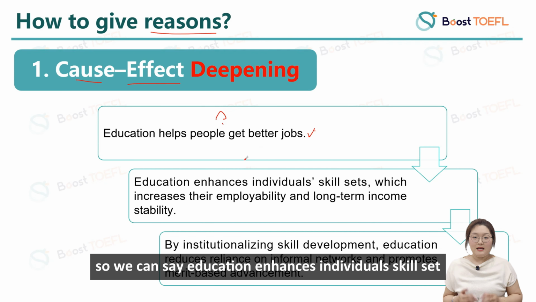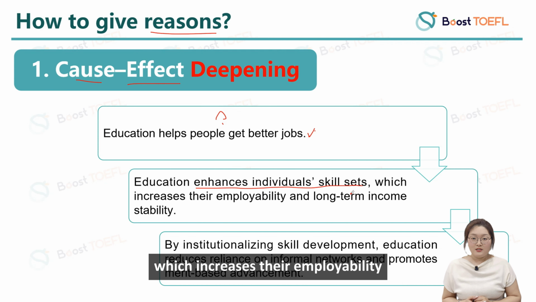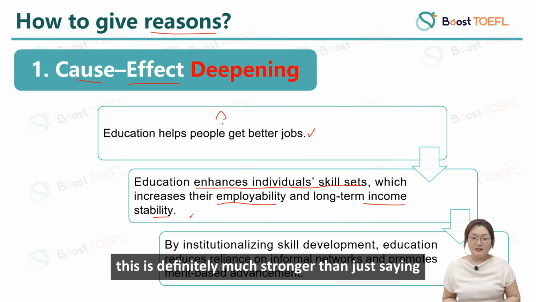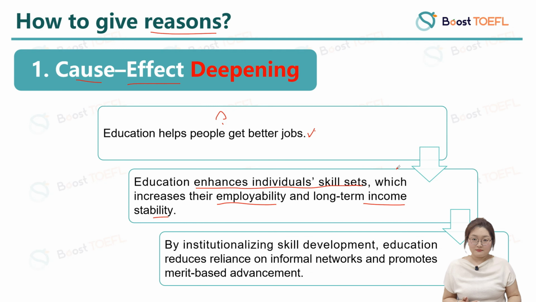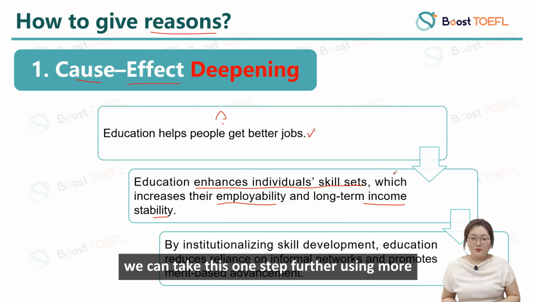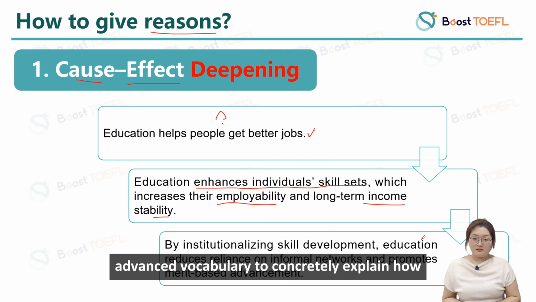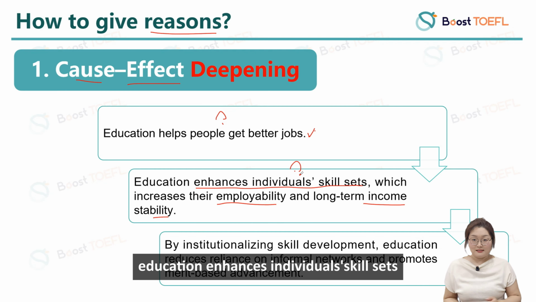So we can say education enhances individuals' skill set, which increases their employability and long-term income stability. This is definitely much stronger than just saying that education helps people get better jobs, right? And moving on, we can take this one step further, using more advanced vocabulary to concretely explain how education enhances individuals' skill sets.